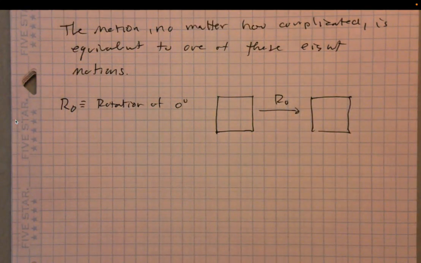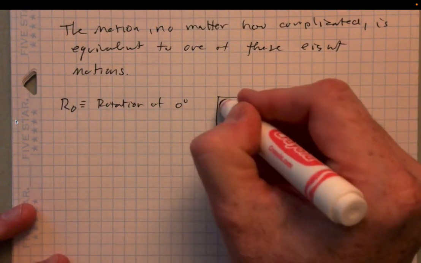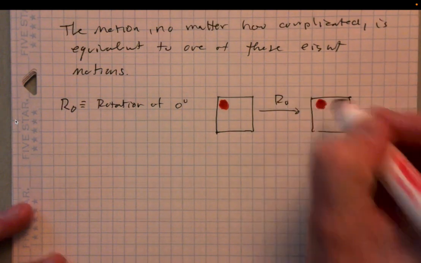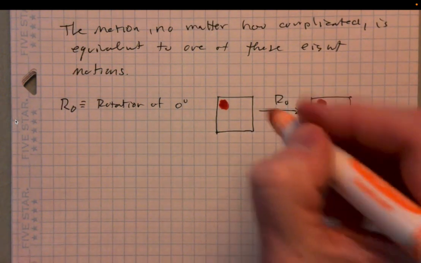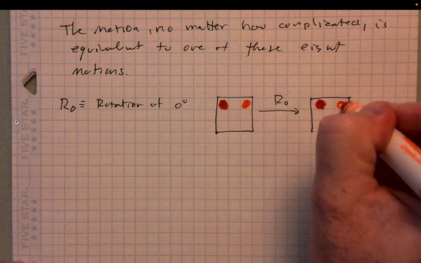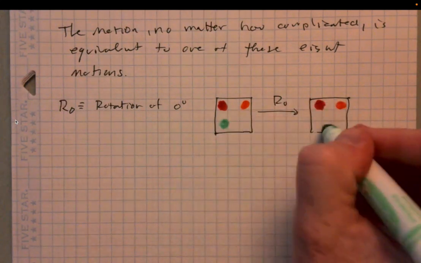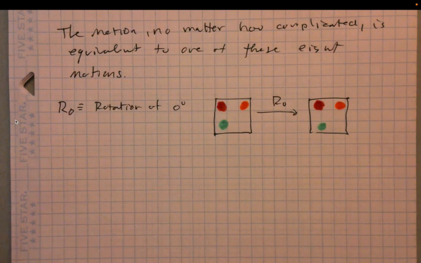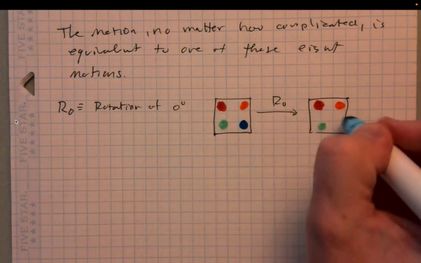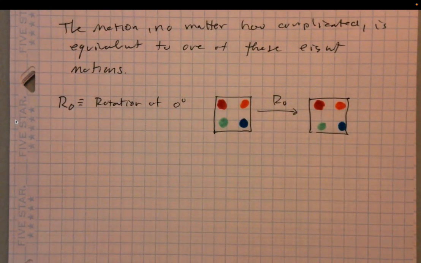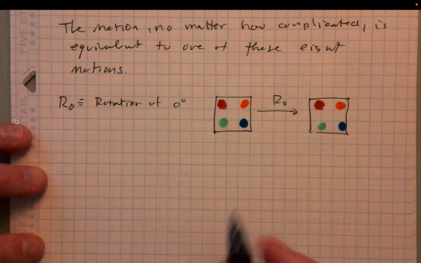In R0, if this is my pink corner, then my pink corner stays. The orange corner stays. Green stays. It's a rotation of 0 degrees, so it's not moving. It's just going to stay in its original position. That's the very obvious rotation of 0 degrees.